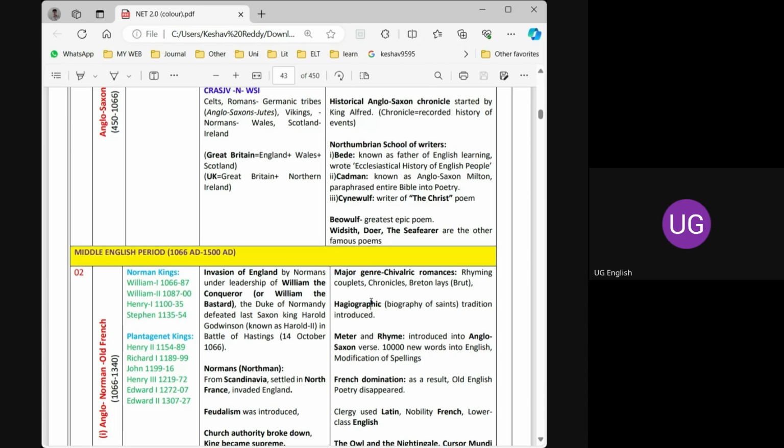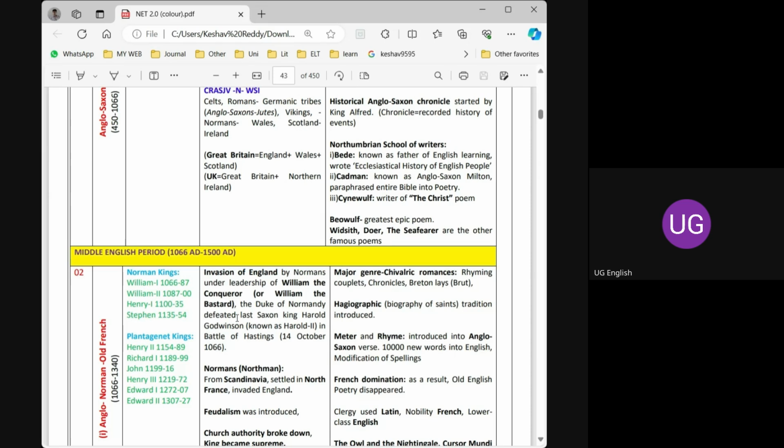In Andhra Pradesh, the British government was there, so they had English medium schools. But in Telangana, before independence, we had Urdu medium schools. Obviously the rulers implement their language. So that is the reason in the Anglo-Norman period, French dominated English. This should be kept in mind.